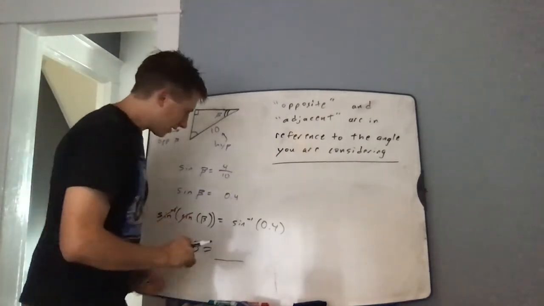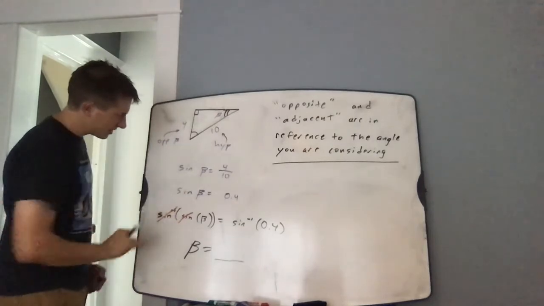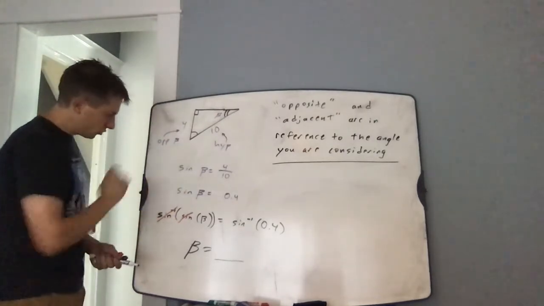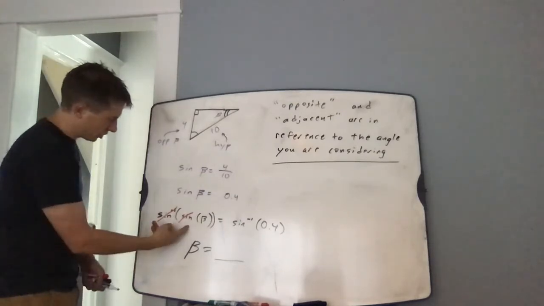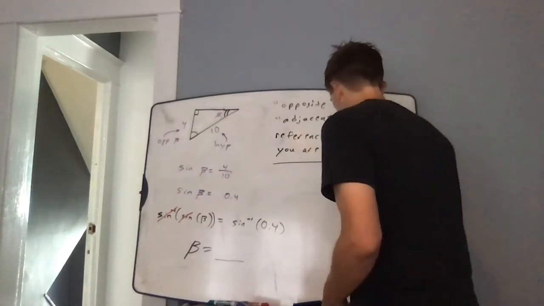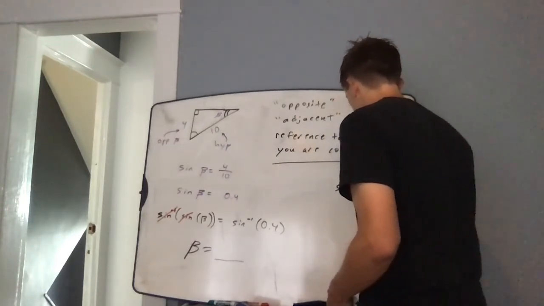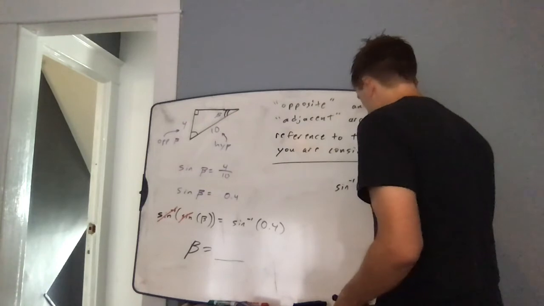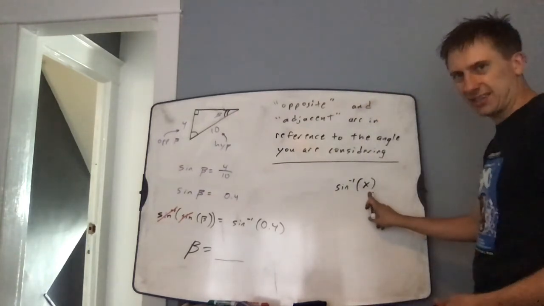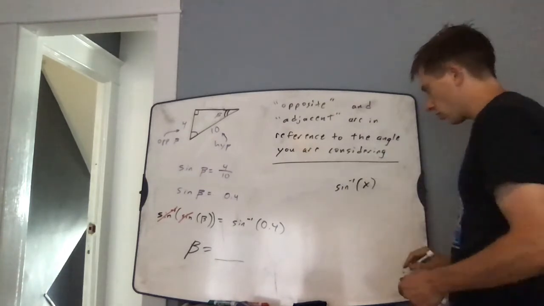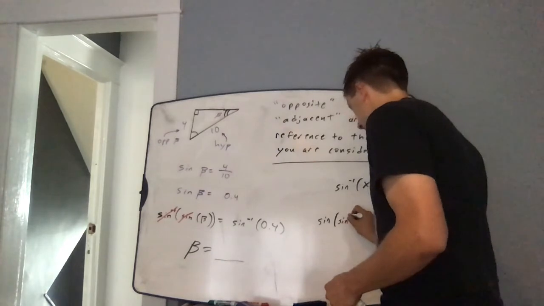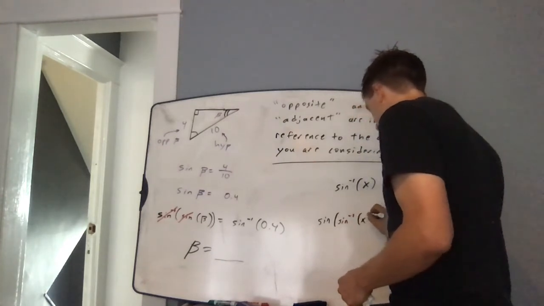The last thing I am going to say is, if you see something like sine inverse of x, if I want to get x out, it would also work to say sine of sine inverse of x.